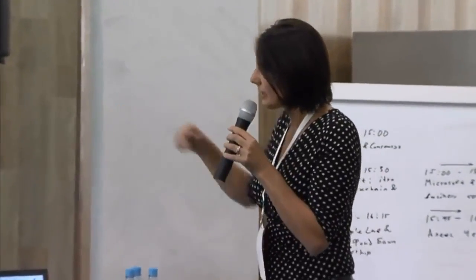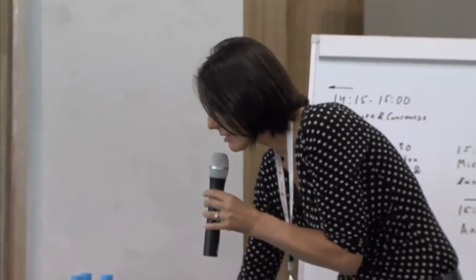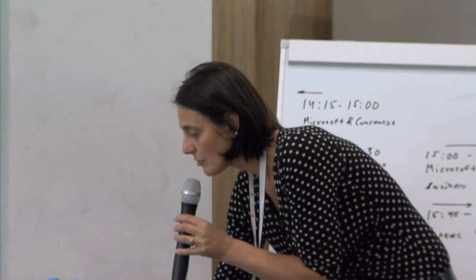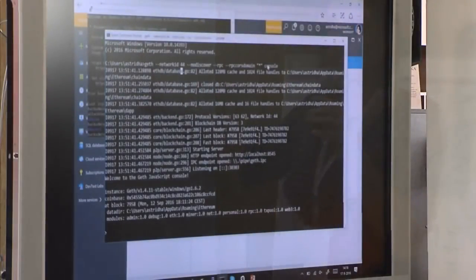This is a little bit better readable. So you can see that I started a connection to the chain over here. It's on a specific network ID, network 44, and I also added the console keyword, which means that I immediately get a connection and a console where I can do things.